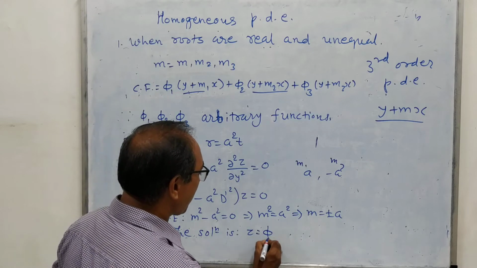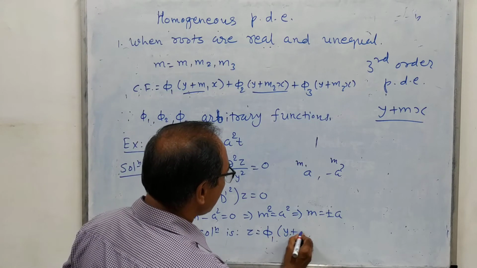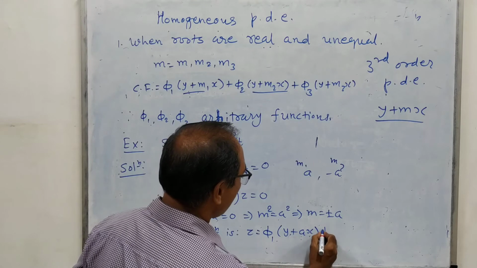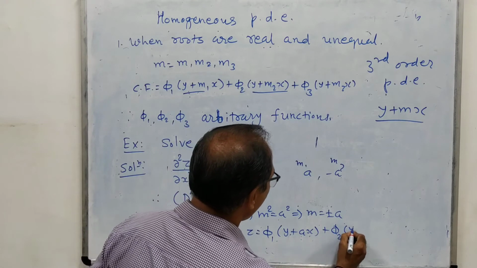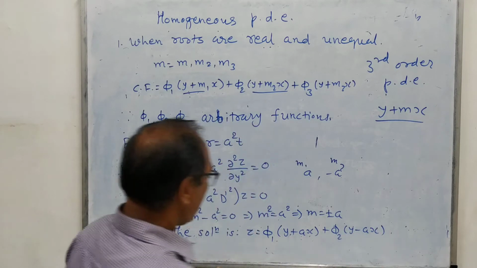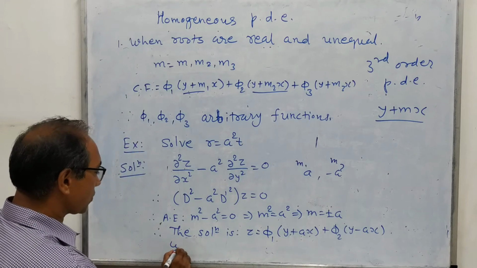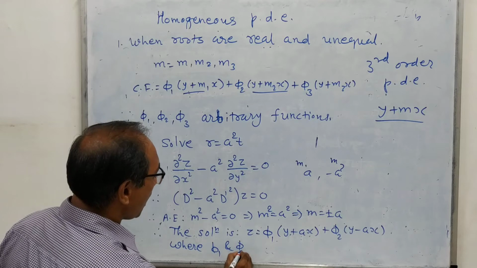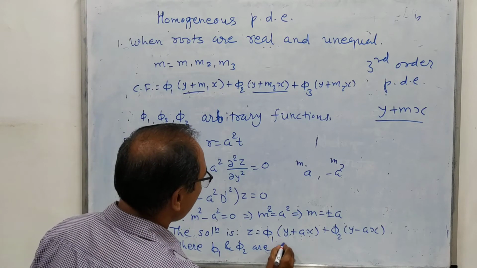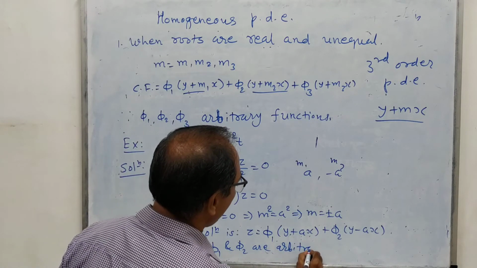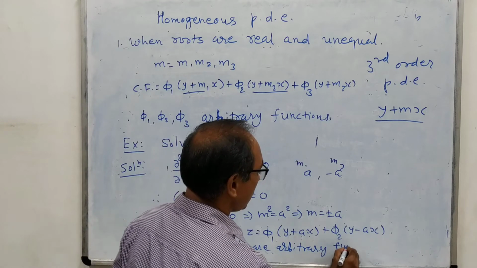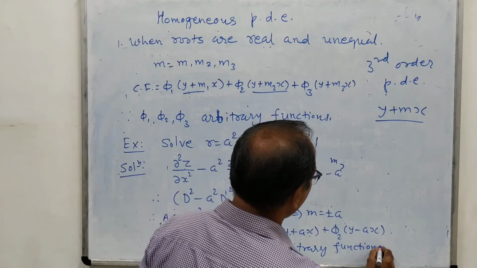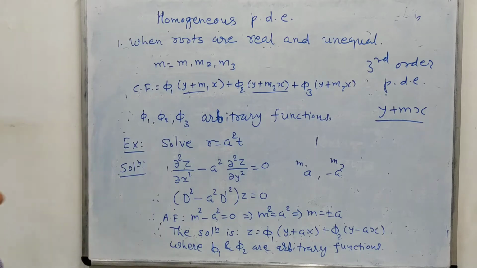So this is nothing but phi1 of (y plus ax). This is the first one, and second is phi2 of (y minus ax). So this is the solution, and here you should write that phi1 and phi2 are arbitrary functions.